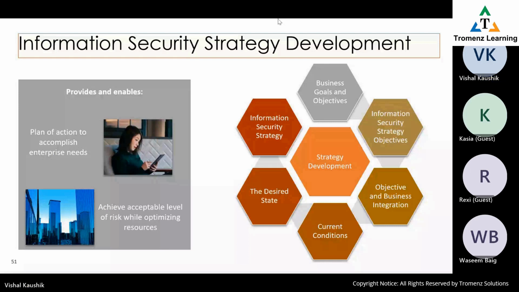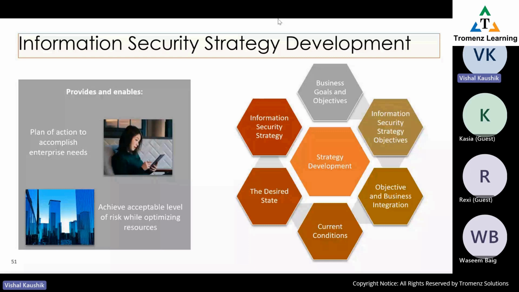So this information security strategy includes enabling the enterprise to achieve an acceptable level of risk while optimizing resources. There are several inputs to determine the necessary elements of the information security strategy.